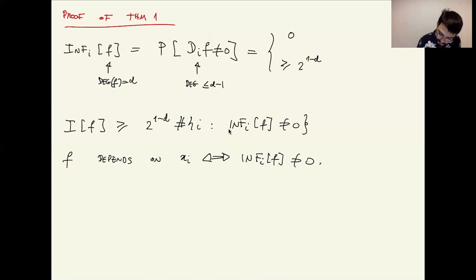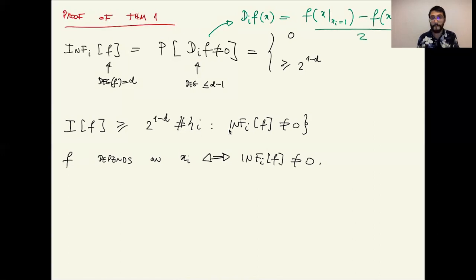Recall that the derivative at some point x is just f of x when you put xi equals 1 minus f of x when you put xi equals minus 1, divided by 2. And if this is identically 0, then f does not depend on the variable xi, and therefore the influence is 0.